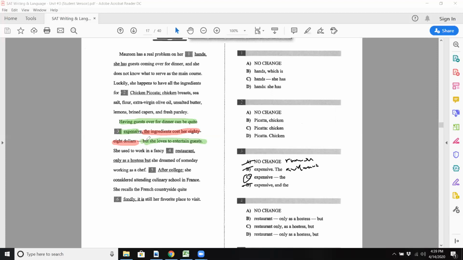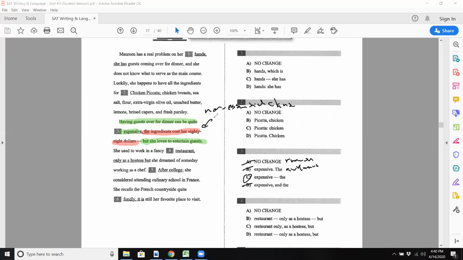So the red is what we call a non-essential clause. You don't need that statement. You could just say what's in green. Having guests over for dinner can be quite expensive, but she loves to entertain guests. That would have been fine in green.